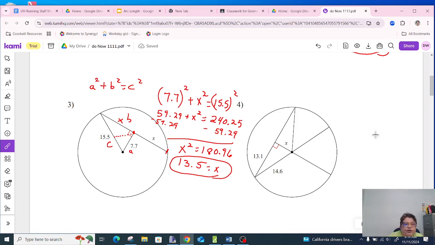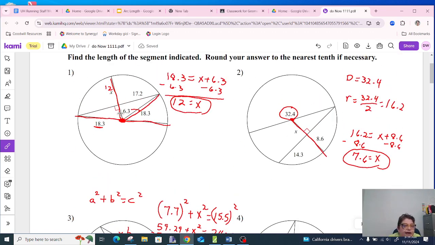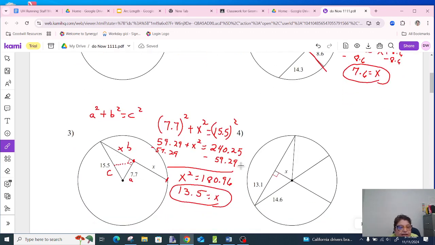Now, how do you know whether to do a squared plus b squared equals c squared or just subtract like we did up here? What was the difference? The x was on the radius, right? This one, x was part of the radius. On this one, is x part of the radius?